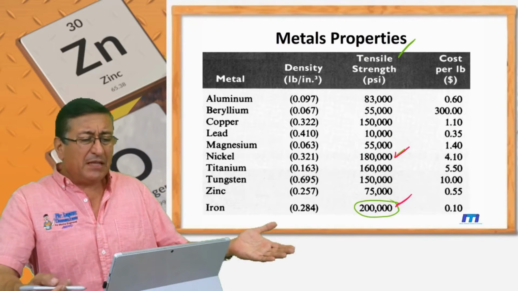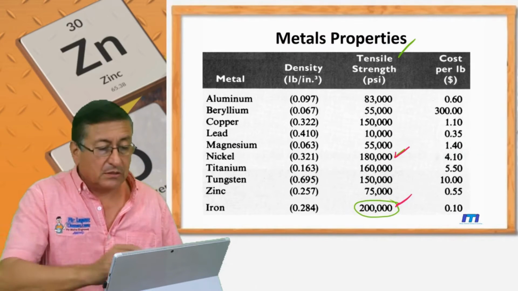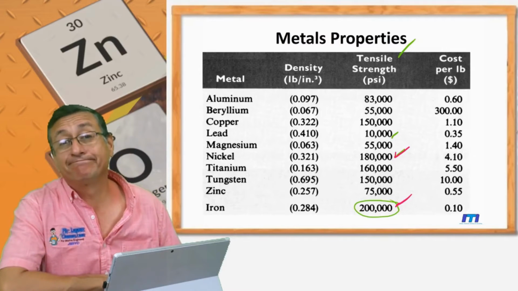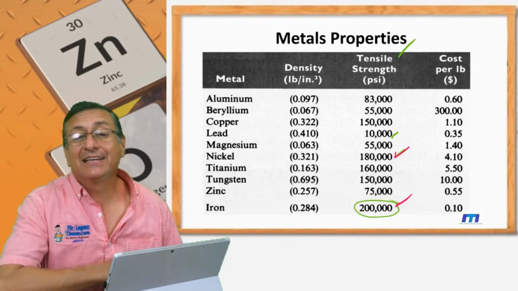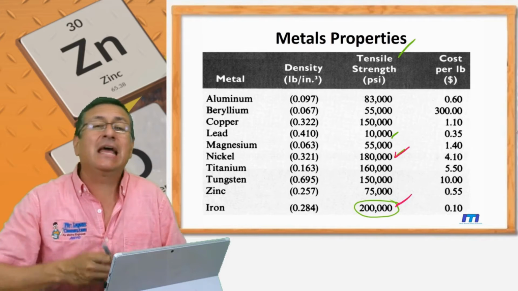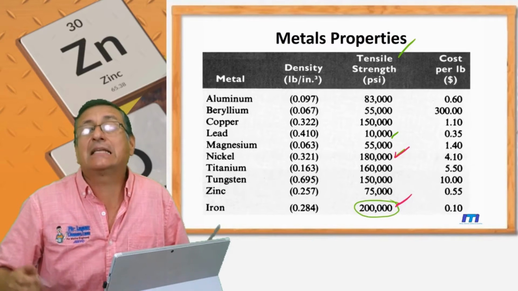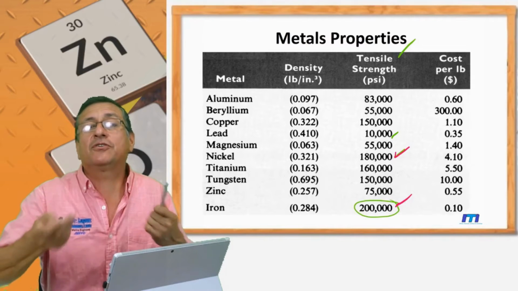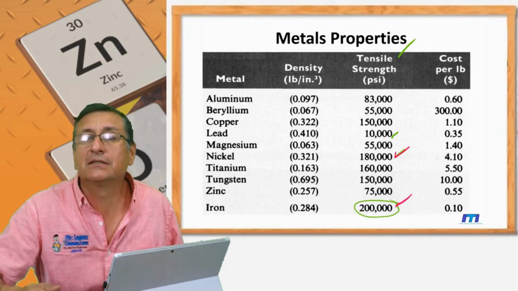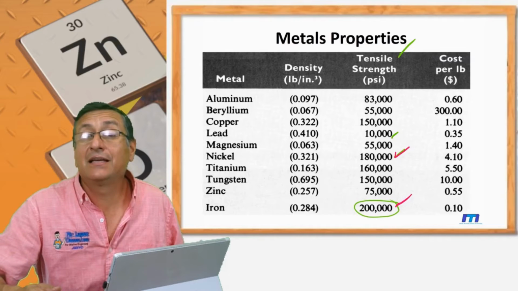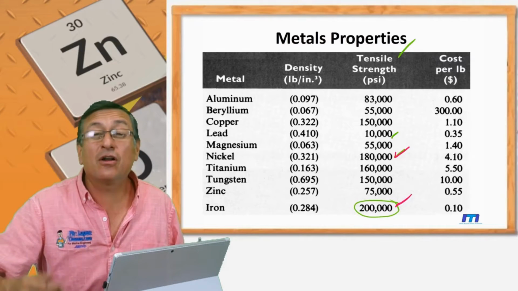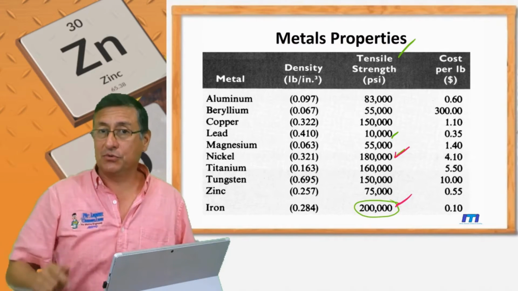And what is the metal with less tensile strength? Lead, 10,000. Yeah, lead is malleable. The elastic area of lead is practically nothing. A little deformation and it is permanently deformed. Lead is heavy with a lot of neutrons in the nucleus.